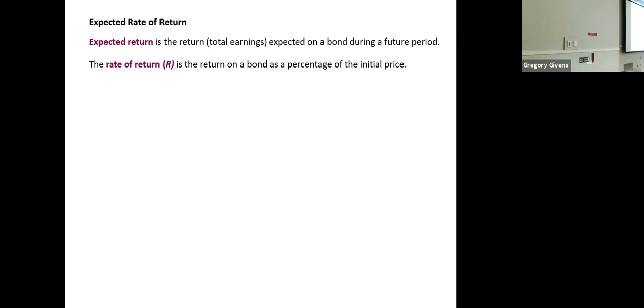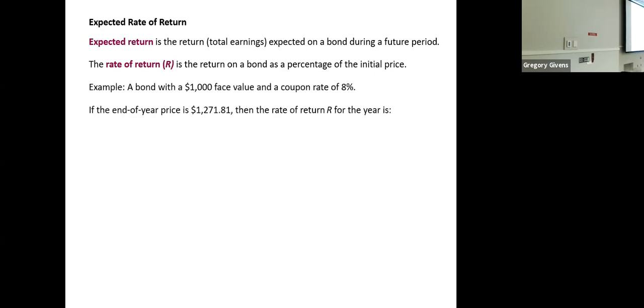The holding period rate of return on a bond, or any asset for that matter, is the total return as a percentage of its initial purchase price. All right, let me call the rate of return on a bond capital R here, okay? Let's do an example. Let's suppose that we have a bond with a $1,000 face value, and again, a coupon rate of 8%.